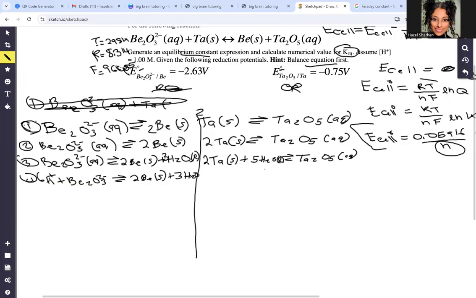And then this side has 10 hydrogens, so we're going to add 10 protons onto that side. I did say I was going to exclude the state. It's just habit.